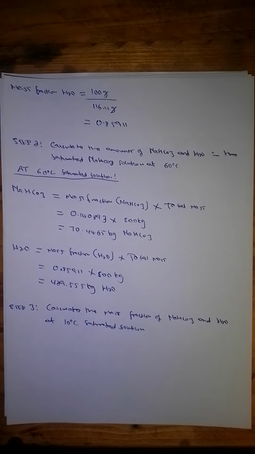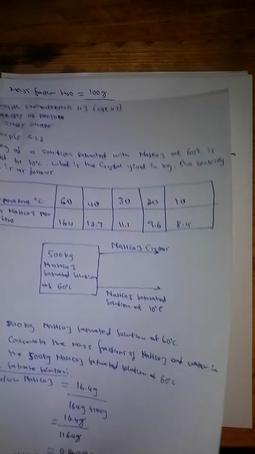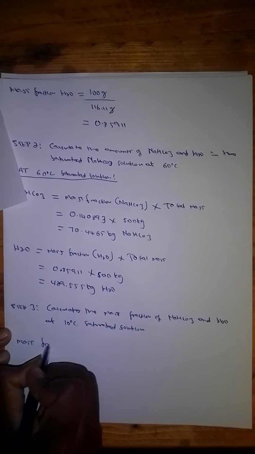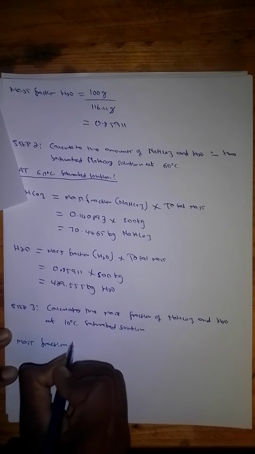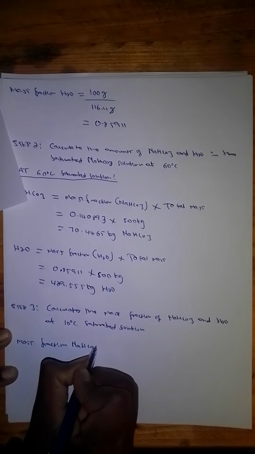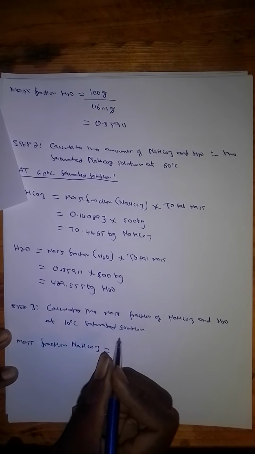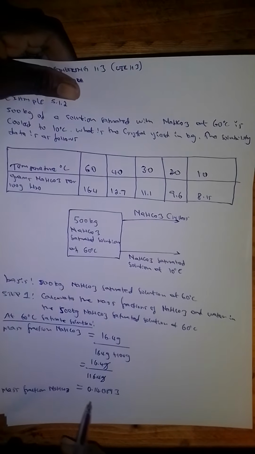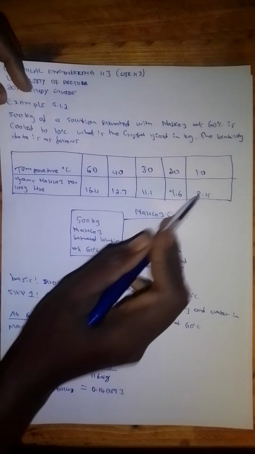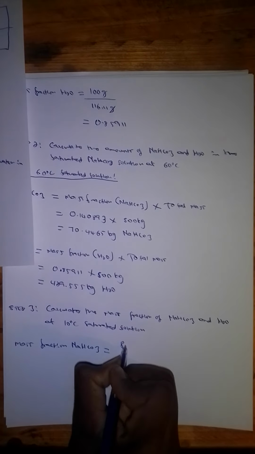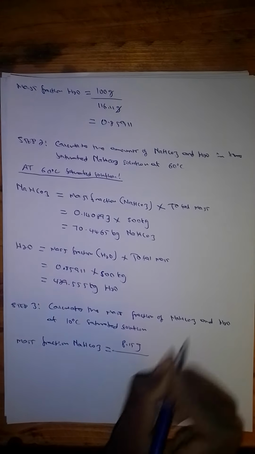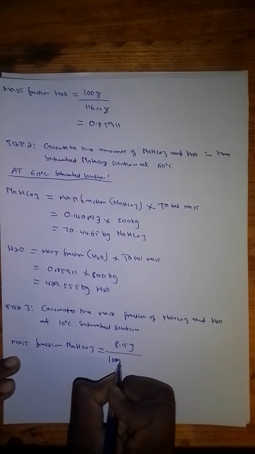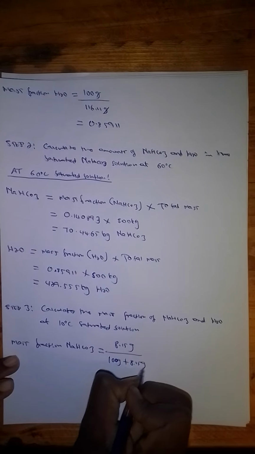Now when we look at the data, we can easily get that. We can just say mass fraction NaHCO3 equals, it's 8.15 grams per 100 grams. So it's going to be 8.15 grams all over 100 grams plus 8.15 grams.